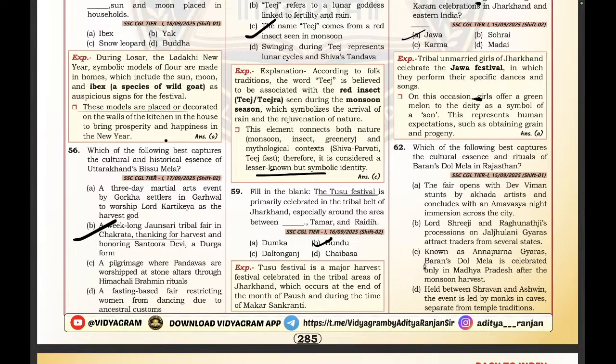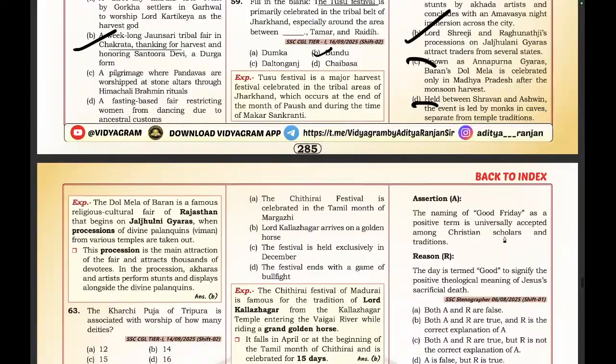Whereas the Baran Dol Mela is celebrated only in Madhya Pradesh and held between Shravan and Shraddha and led by monks in the caves. Super fair, monks. Lord Sriji plus the great traders. So look, in a fair we know that traders come, so it is given this of the Lord Sriji and Raghunath Ji's procession on Jal Jhulani Gyaras attract traders from several states.